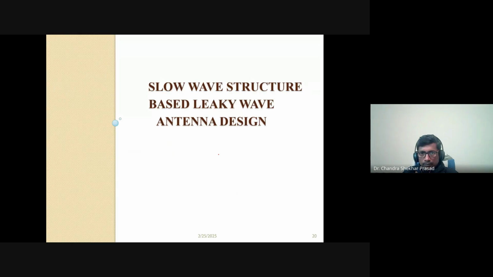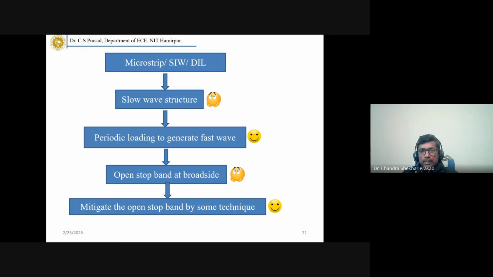With this, let's come to some design examples. I'll discuss some designs based on slow wave structures. Let's see how to tackle this problem. Say we have a microstrip line, SIW, dielectric image line or waveguide. These are basically slow wave structures. So what to do? Again, the idea is the same: do some periodic loading to generate a fast wave, because we need a fast wave.